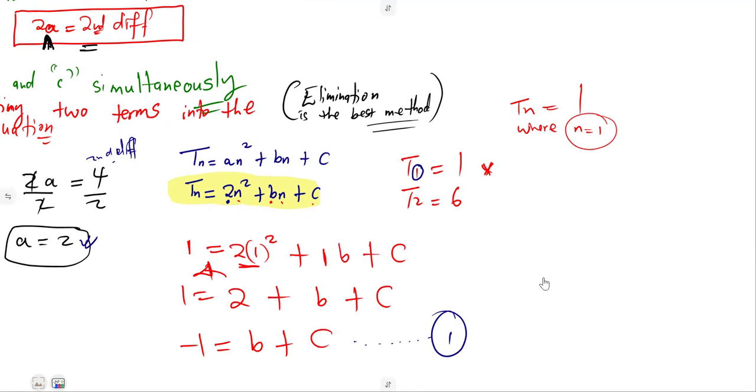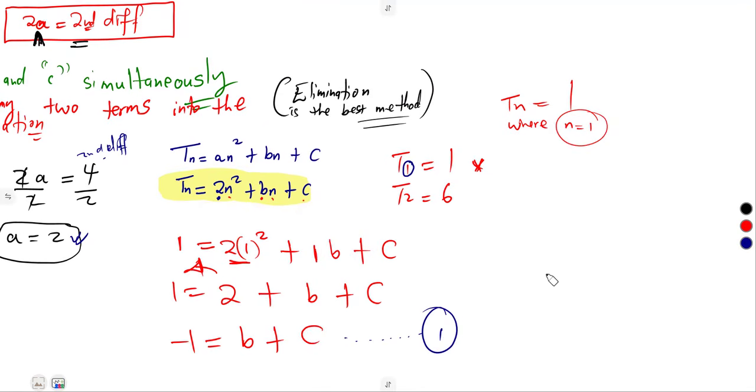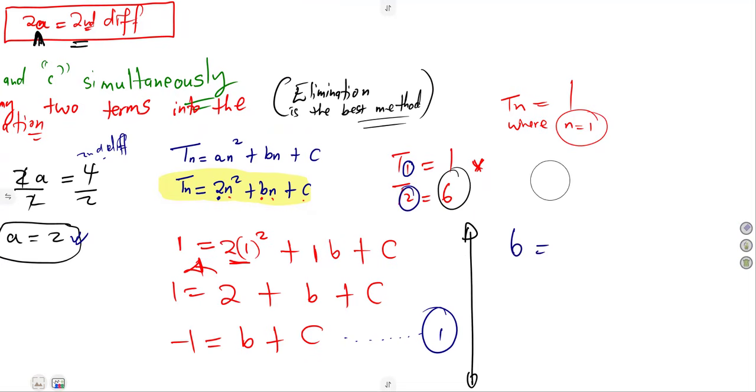So working with the second one, where we are given that T2 is equal to 6. The whole of the Tn is the one representing 6. So 6 is equal to, when our n is 2, in place of n you substitute 2 there.